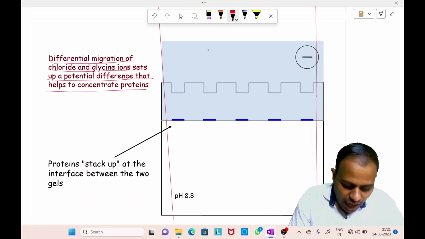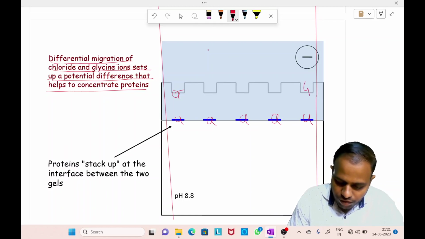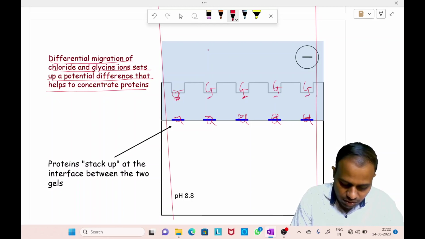The glycine ions lag behind in this gel, and the chloride ions move forward, faster. Here glycine will be lagging behind in this area, and chloride ions will be in this area, moving faster. So there will be a potential difference created here in this region.